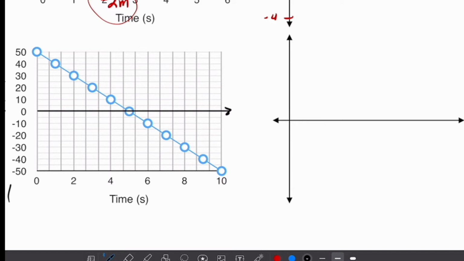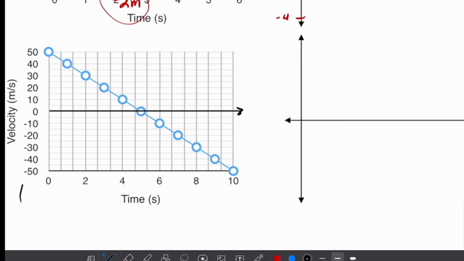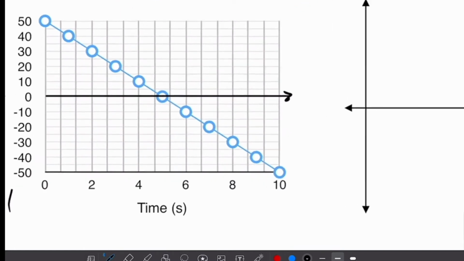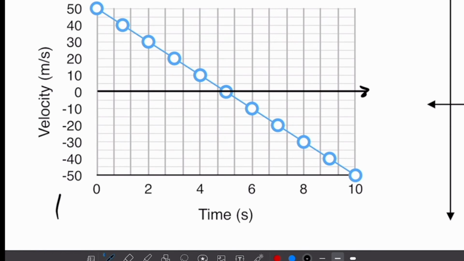You should endeavor, take a few moments, to come to grips with what this graph is actually displaying. Remember, it is a velocity versus time graph. In your mind, describe what's happening here. Think about it. I'd go second by second and help identify what you think the object is doing. Here are some important questions to ask yourself, especially if you are new to this. What direction is the object going at time equals 0?